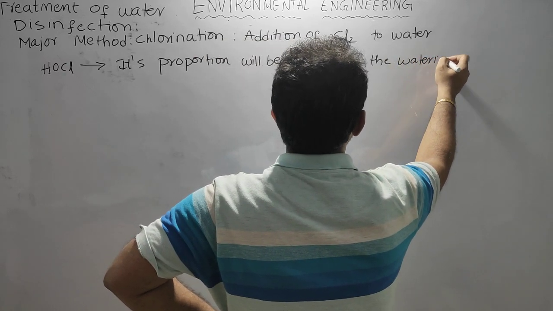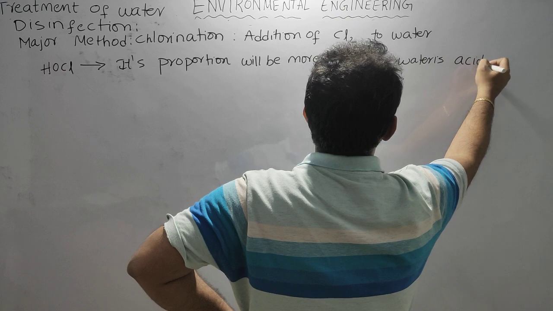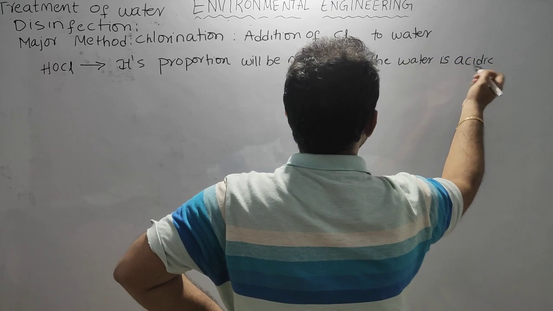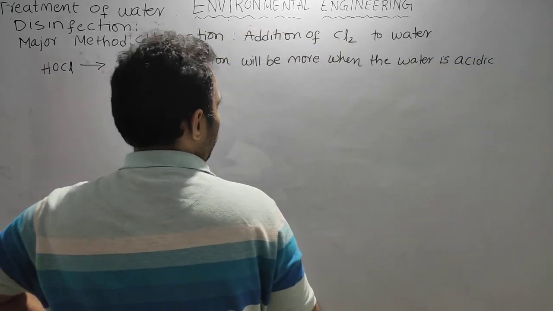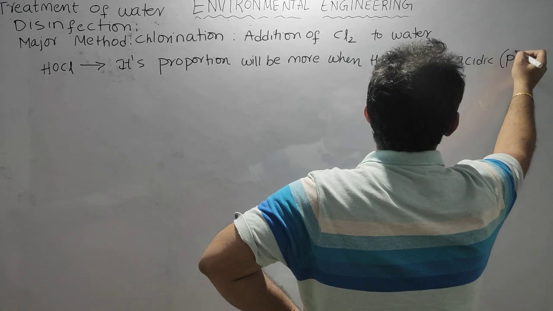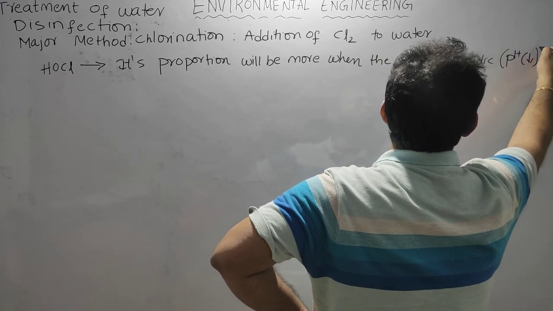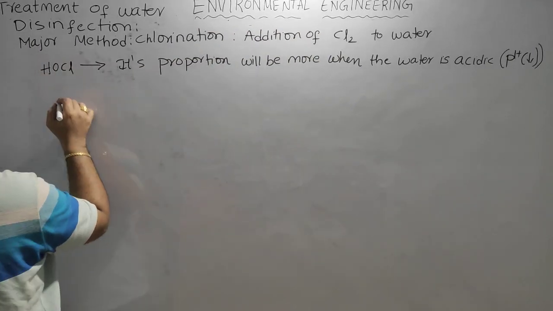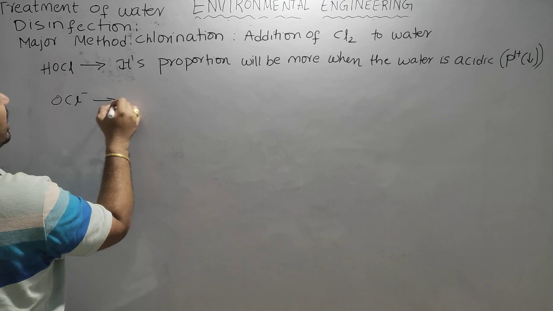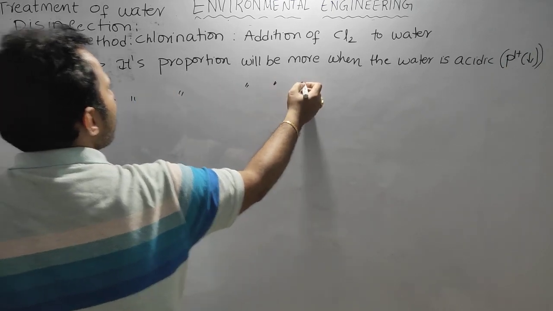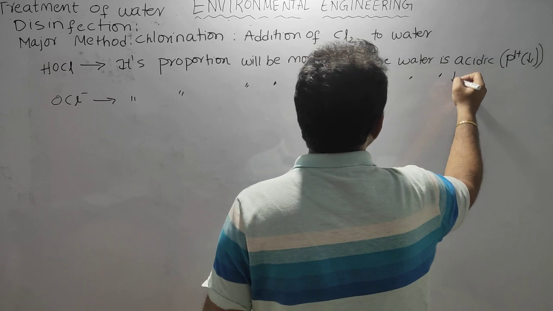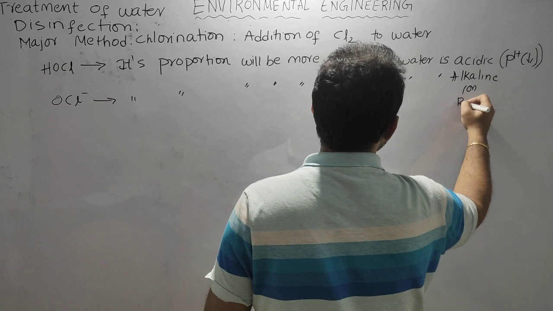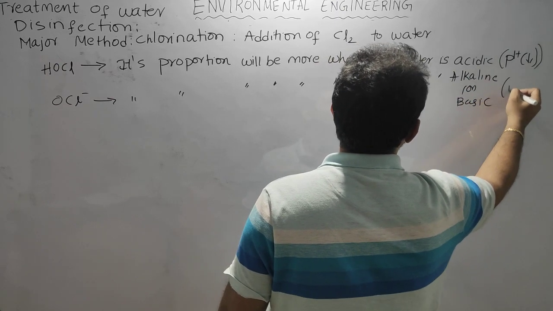So when the water is acidic, that means pH is lesser, then HOCl will be more. Whereas for OCl minus, when pH is more and the water is alkaline or basic, its proportion will be more.